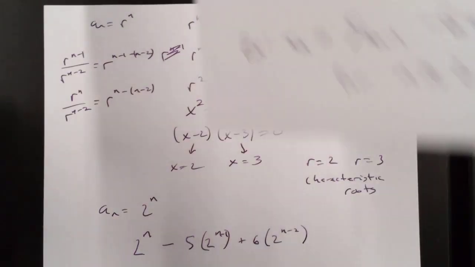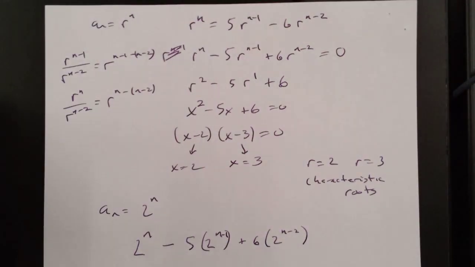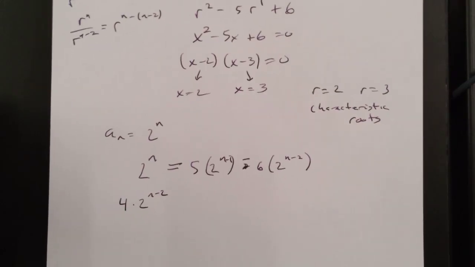That's my recurrence, right? a_n is equal to 5a_(n-1) minus 6a_(n-2). This works? Really? Is that a true statement, that 2 to the n is the same as 4 times 2 to the n minus 2?